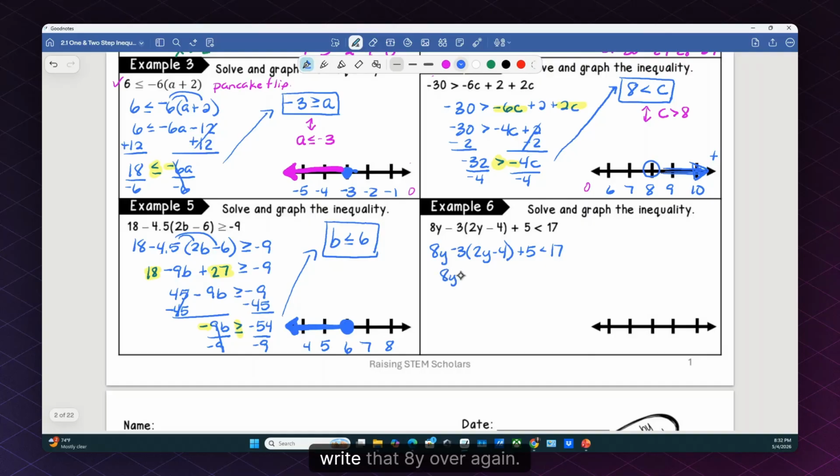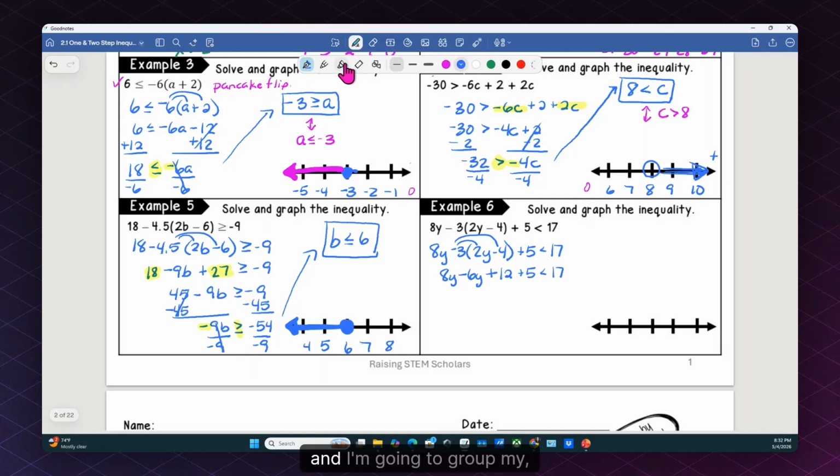So write that 8y over again. I'm going to distribute minus 3 times 2y, which is going to give me negative 6y. Negative 3 times negative 4 is going to give me positive 12. And then carry down my plus 5 is less than 17.